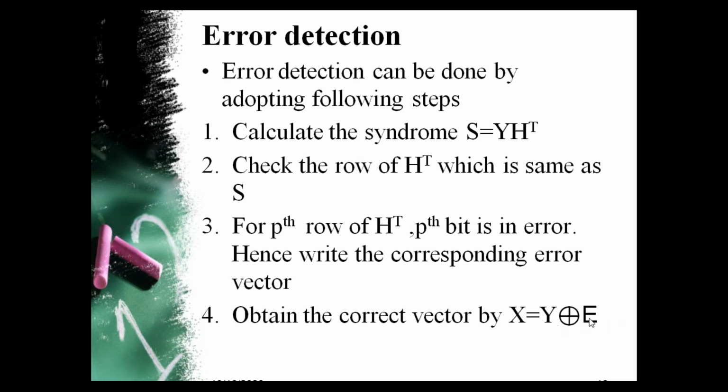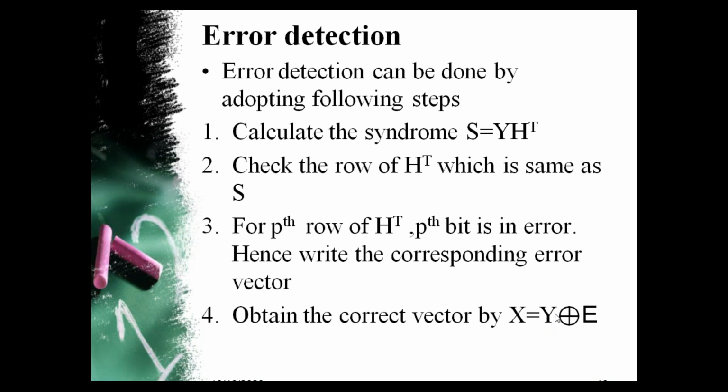That is, do the XOR addition, mod 2 addition. Take the received code word and take the corresponding error vector. Here we are considering a single bit error. Therefore, we are able to write the error vector corresponding to that error position. If we have identified that the error is in the sixth bit for a 7,4 block code, then take the sixth bit as 1 and all the remaining bits as 0 as the error vector.